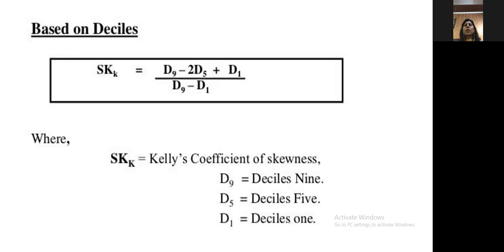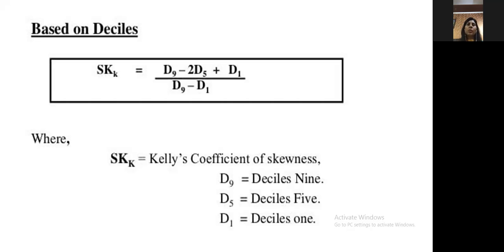So in the next lecture, I will explain how to calculate skewness by using our averages, that means mean, median, mode, our measures of central tendency, and these percentiles, deciles, and quartiles. They all will be explained in the next session to understand how skewness is calculated and how to quantify skewness.